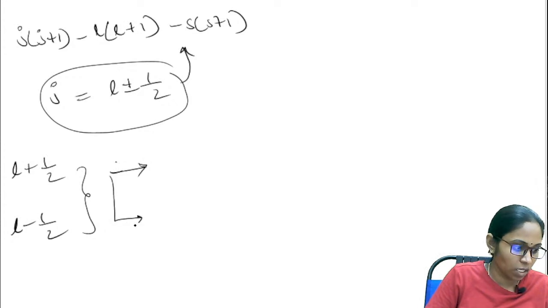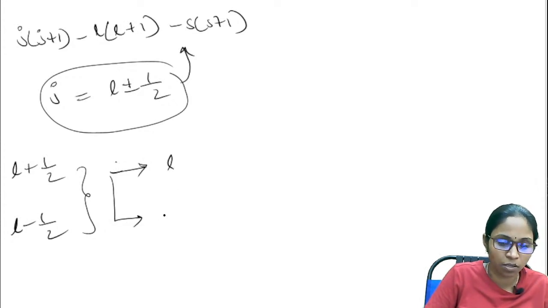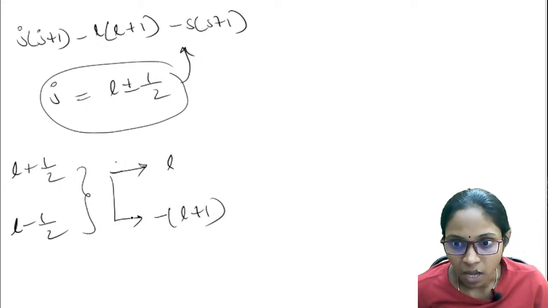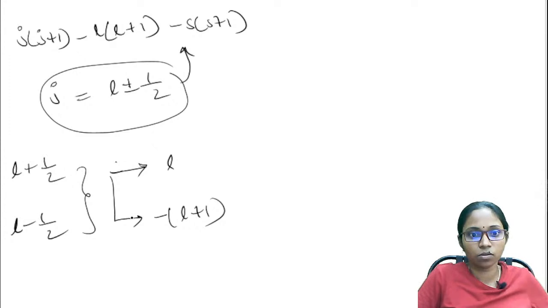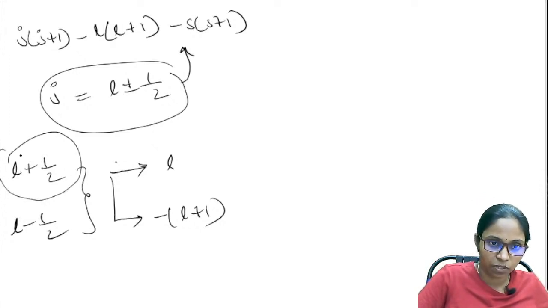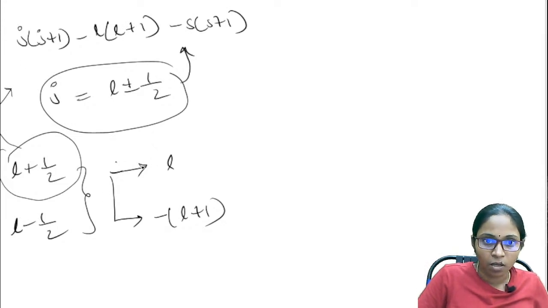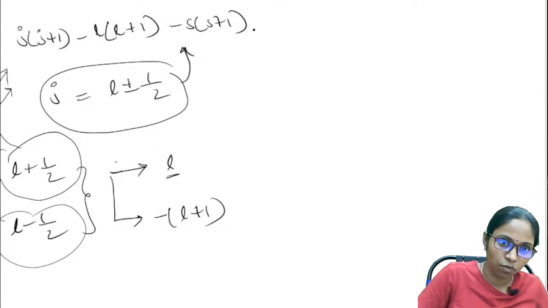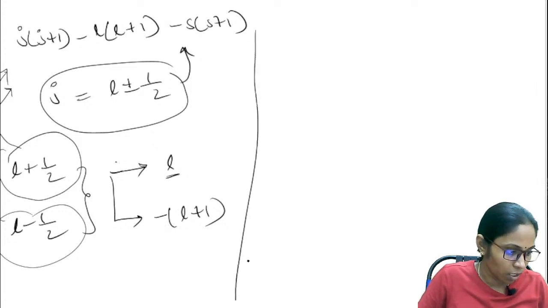Therefore this above equation will be equal to L and minus of (L+1). You just solve this. As time is running out, I am not solving it. First of all, substitute L plus 1/2 in this equation, and you will have L. Another time, substitute L minus 1/2, and you will have minus of (L+1).